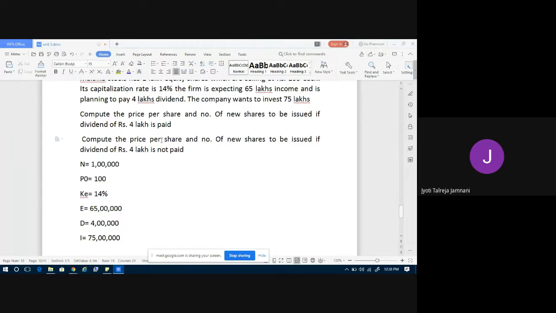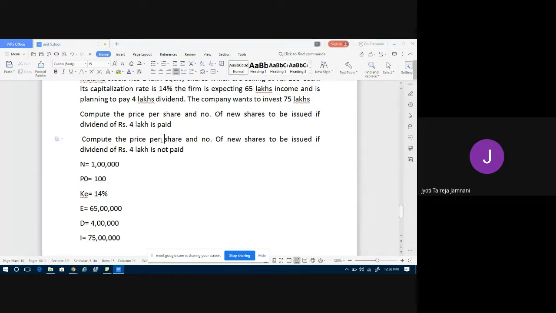They are asking you to find only the first two things, price per share and new number of shares, not the value. But we will do all three and we will prove that the approach is working well.